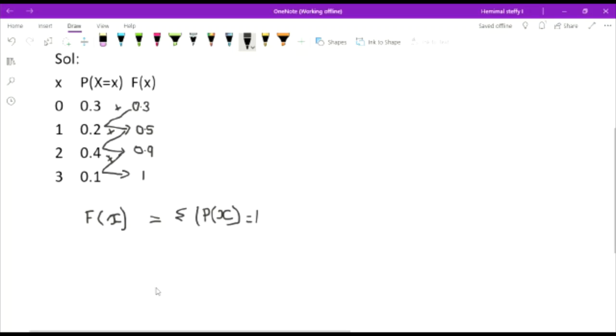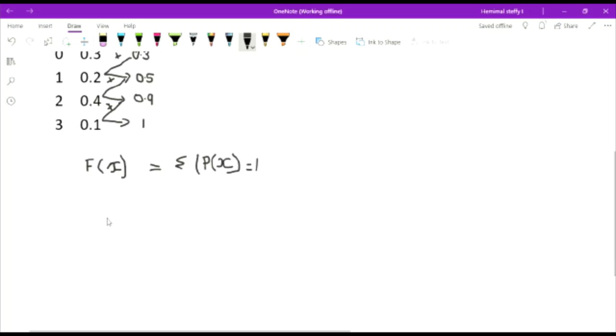How do we describe the cumulative distribution for the probability distribution? I am going to write P of X less than or equal to 0.